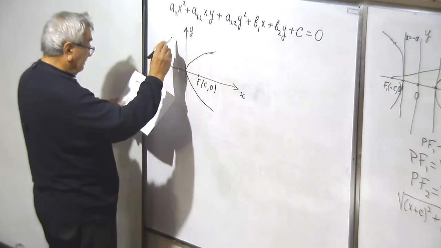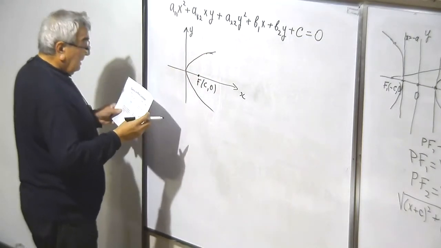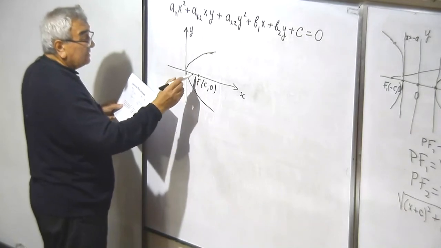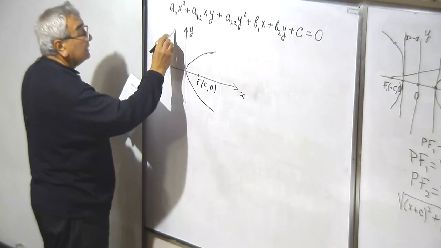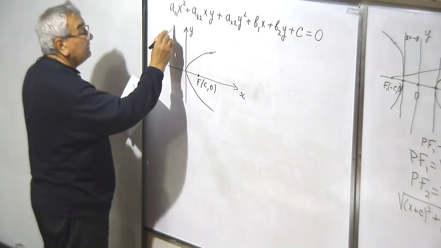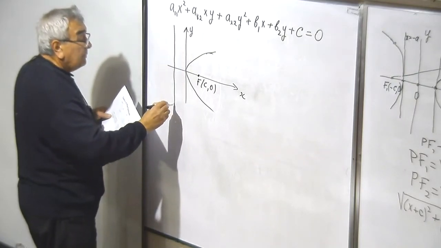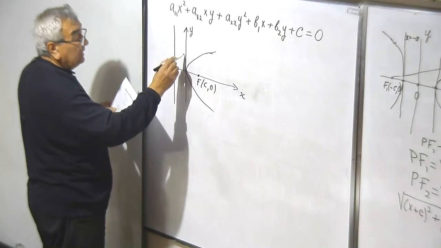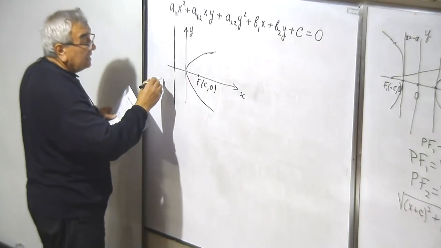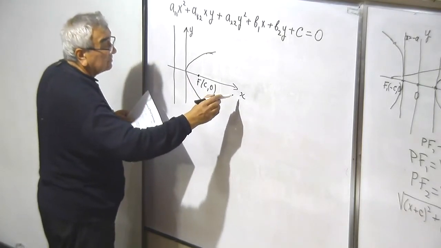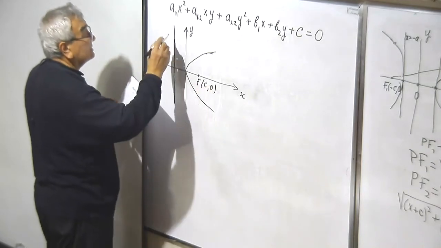Parabola. The directrix should be at the same distance as the focus. The directrix is a line which is perpendicular to the axis. If the focus is on the x-axis, in this case the directrix will be parallel to the y-axis.